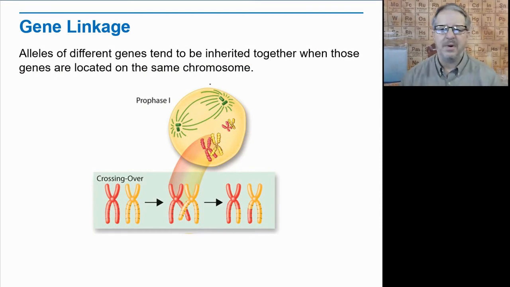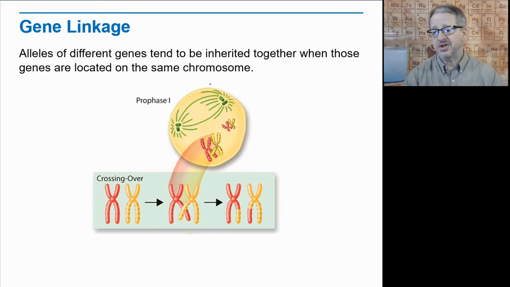All right, now let's think back to Mendel's principle of independent assortment. You should recall that Mendel found that genes that are located on different chromosomes assort independently from other genes. But what about genes that are located on the same chromosome?